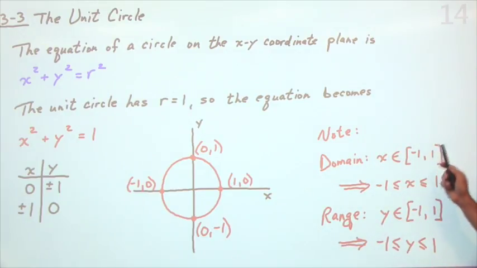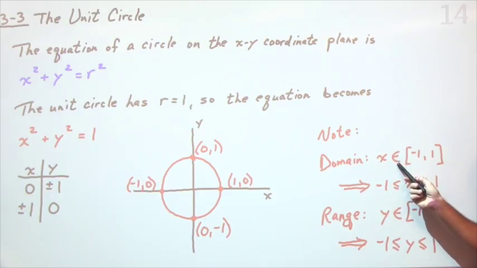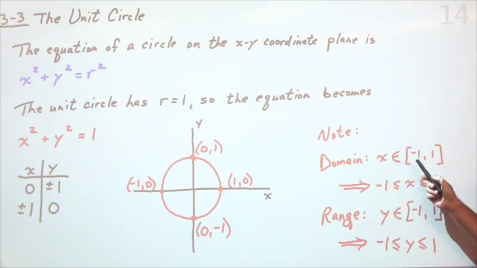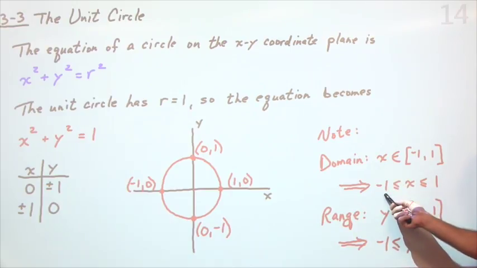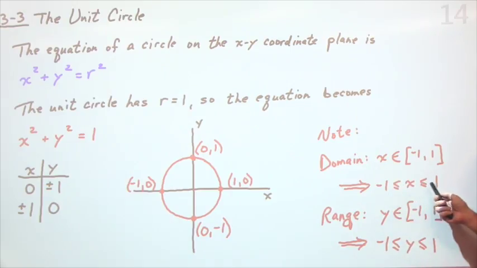Note, the domain here is x is an element of the interval from negative 1 to 1 inclusive. What does that mean? That means x has to be greater than or equal to negative 1 and less than or equal to 1. Why?